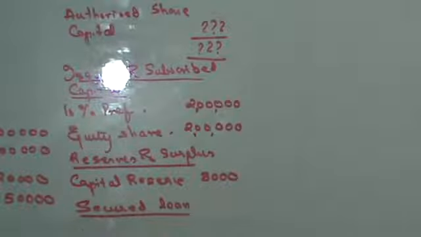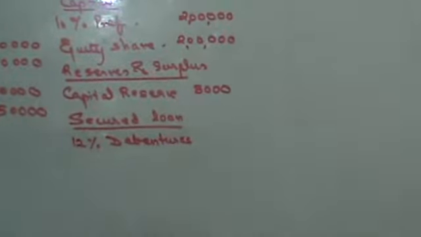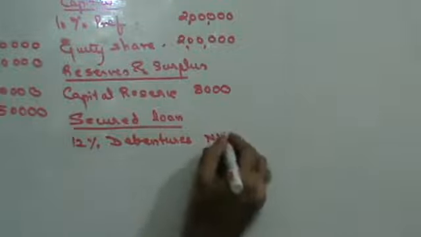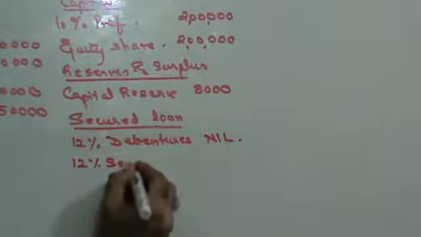Under secured loans, you are going to have 12% debentures. 12% debentures are 7,50,000, and in the journal on the debit side they are 7,50,000, so that will become nil. Then you have issued 12% secured loan.